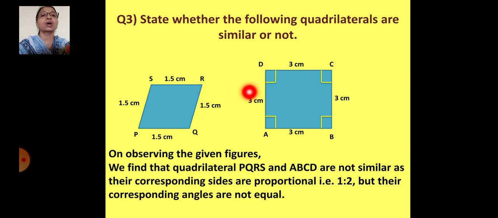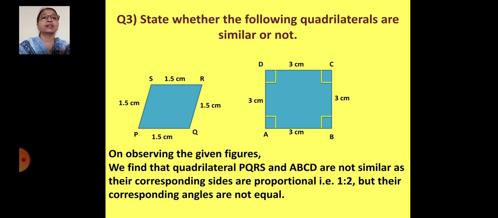In PQRS, all sides are equal and the length is 1.5 centimeter. And in quadrilateral ABCD, it's a square and the length of each side is 3 centimeter and each angle is 90 degrees. So what can you say about these two quadrilaterals? Are they similar? Let us check one by one.